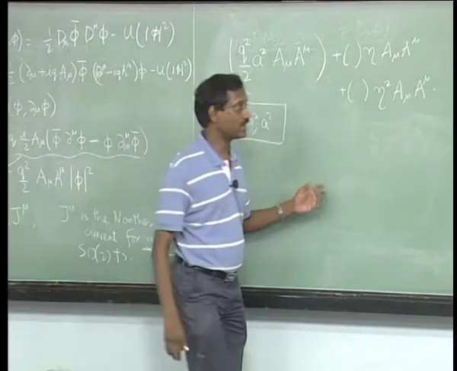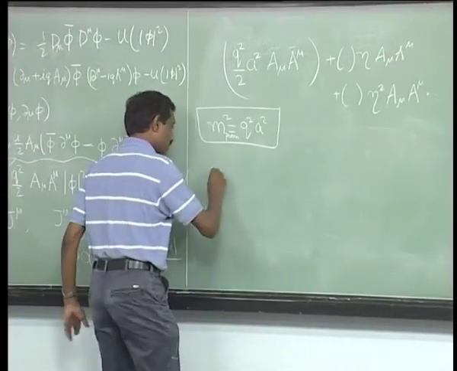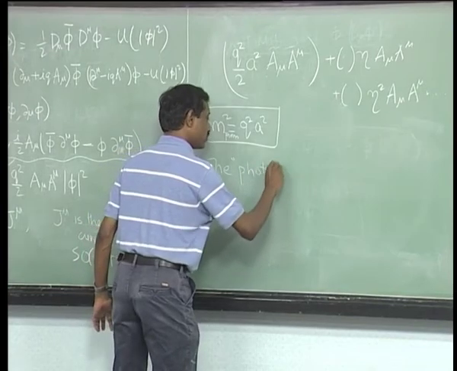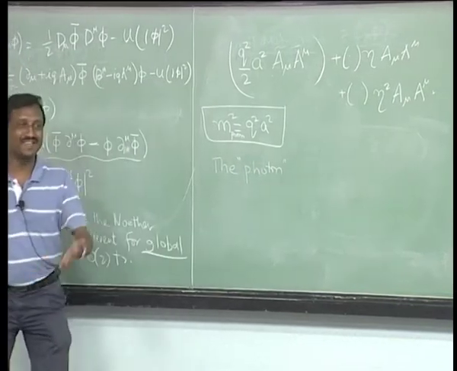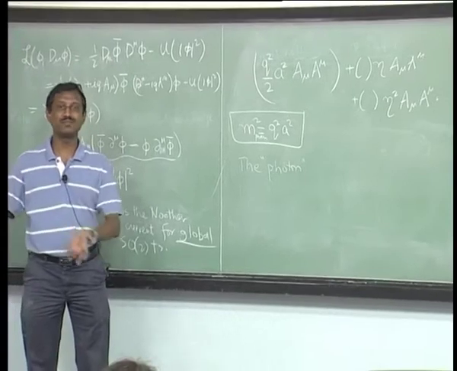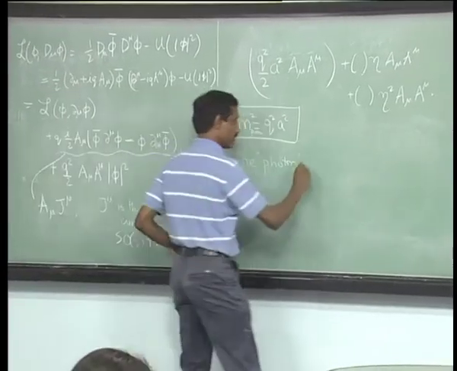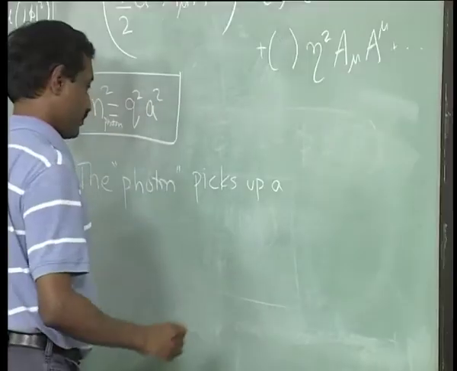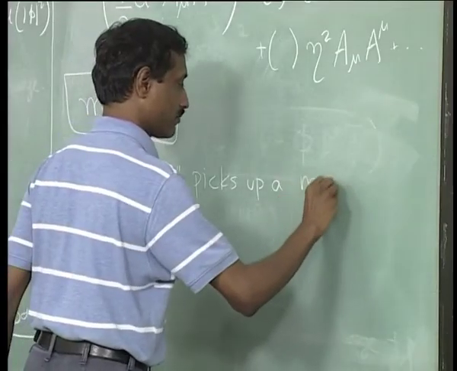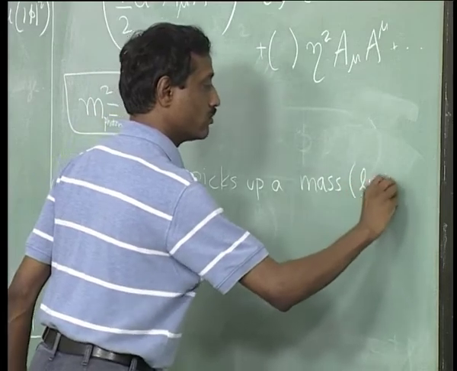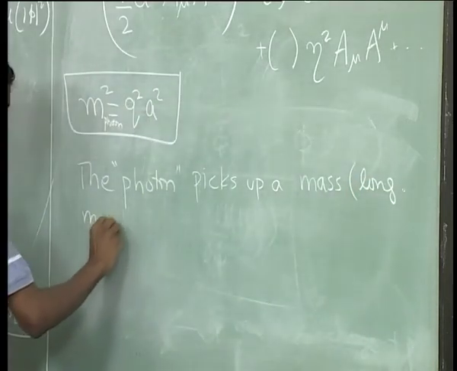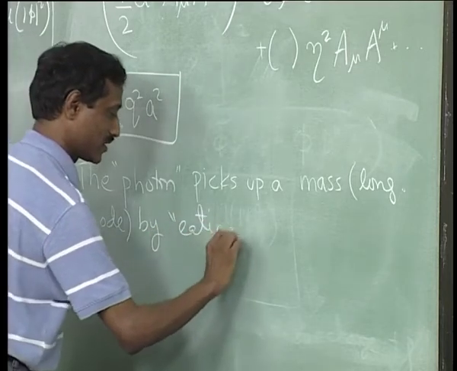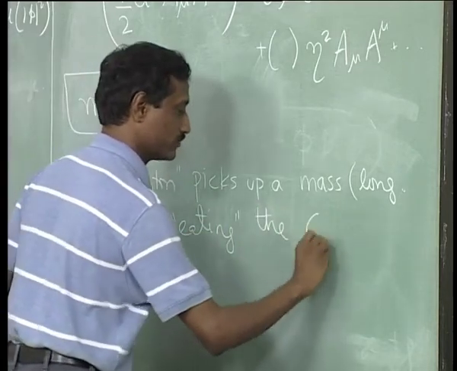The statement people say, and now I am using terminology, if you quantize the thing, the gauge field's excitations would be what we will call a photon, is that the photon picks up a mass, or equivalently a longitudinal mode, by eating the Goldstone boson.